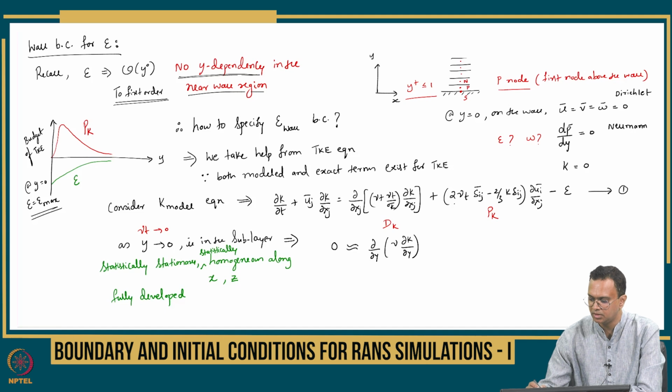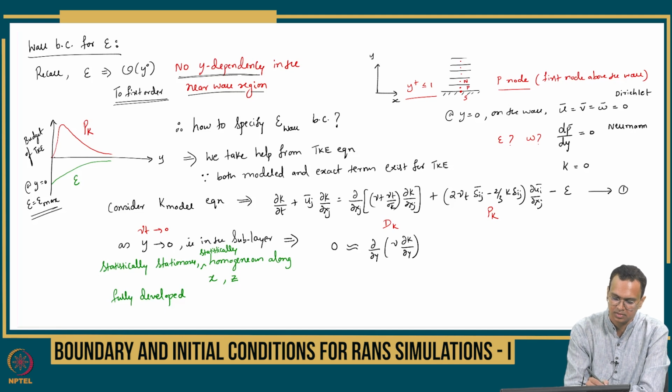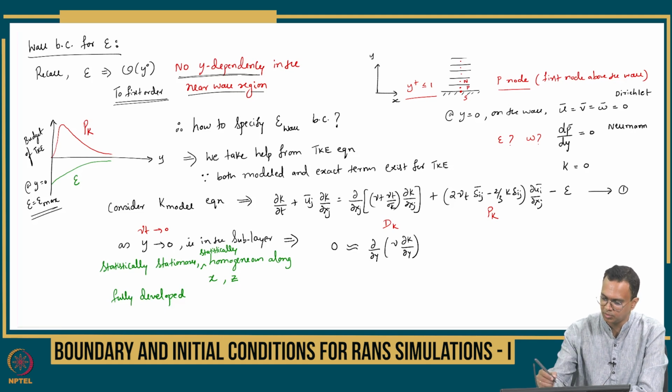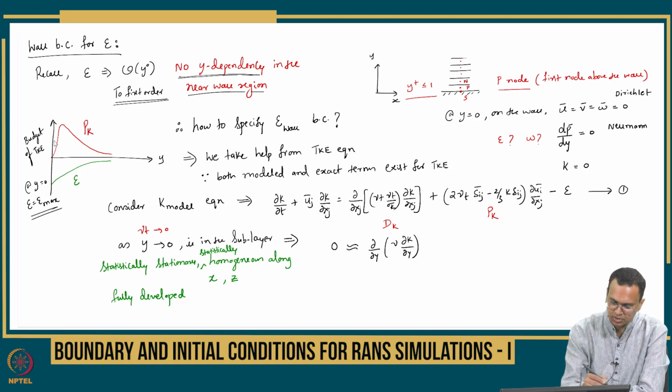So I have essentially 2 nu t sij bar dou ui bar by dou xj, and nu t approaches 0. So to first order it is dropped. So Pk is 0 production rate, and we also see from data, in a very thin zone very close to the wall, production rate is nearly 0, epsilon goes maximum. The viscous diffusion rate is also large.